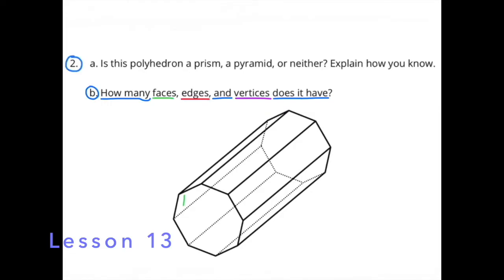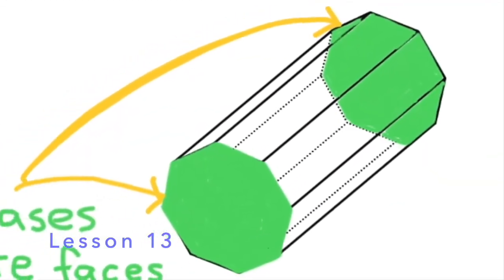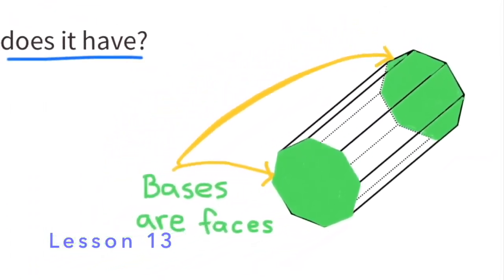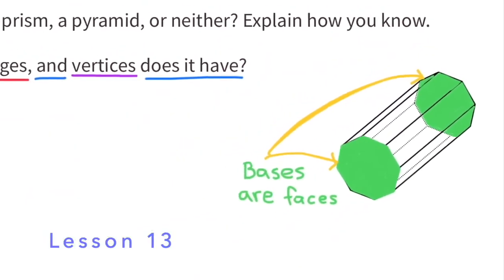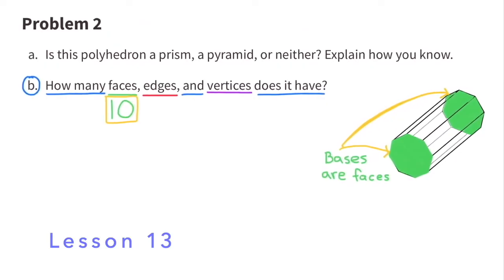First, let's count the faces. 1, 2, 3, 4, 5, 6, 7, 8. And these 2 bases are also considered faces. So 8 plus 2 equals 10. This has a total of 10 faces.